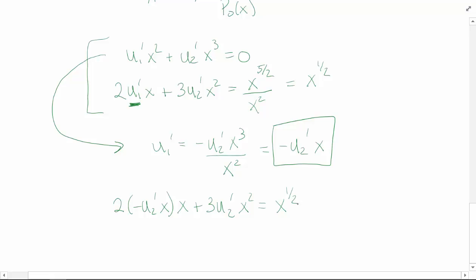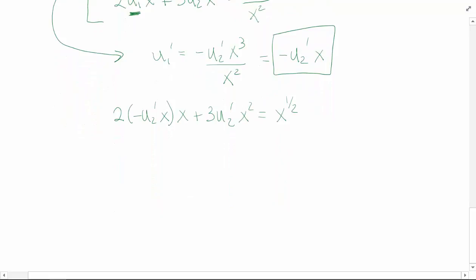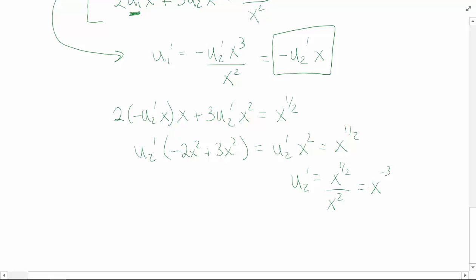So now I have an equation in u2 prime, so I can find u2 prime. u2 prime times the entire quantity, negative 2x squared plus 3x squared, which is just u2 prime times x squared, should be equal to x to the 1/2, which gives us u2 prime is x to the 1/2 divided by x squared, which simplifies to x to the negative 3/2.